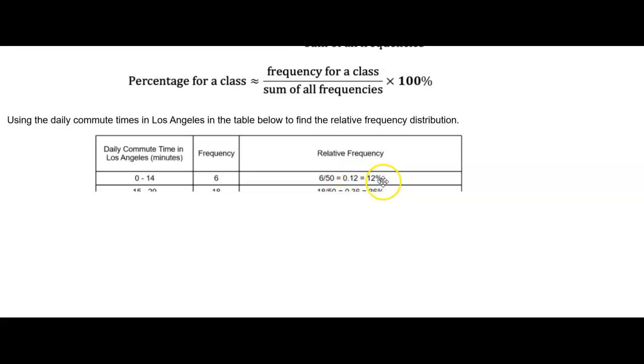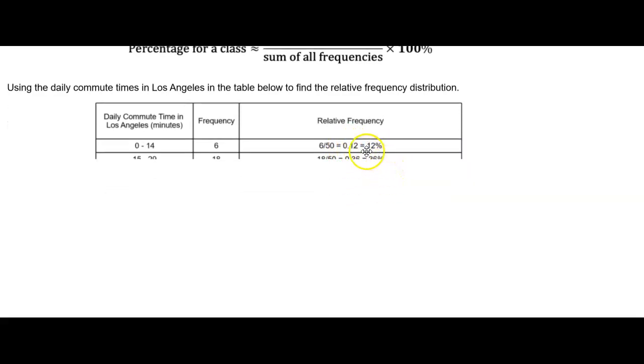Multiply it by 100% gives us 12%. So a relative frequency could either be 0.12 or as a percentage, 12%. Next, we have the frequency of 18. 18 divided by 50 gives us a decimal of 0.36, or as a percent, multiplied by 100%, gives us 36%.